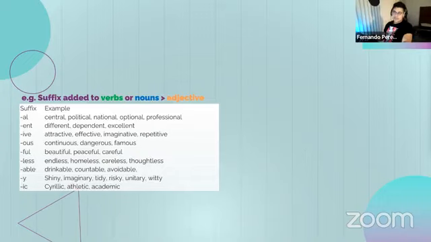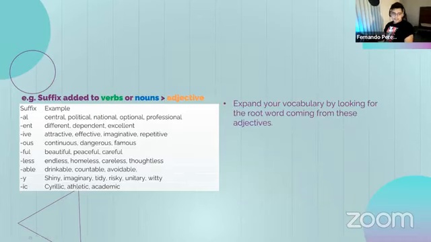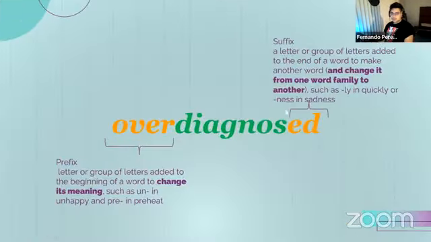Good. Whenever you are trying to memorize some of the words that come here, you should focus on the root. Expand your vocabulary by looking for the root word coming from these adjectives. What is the root word? If we go directly to the word that we were talking about, the root word would be diagnose.